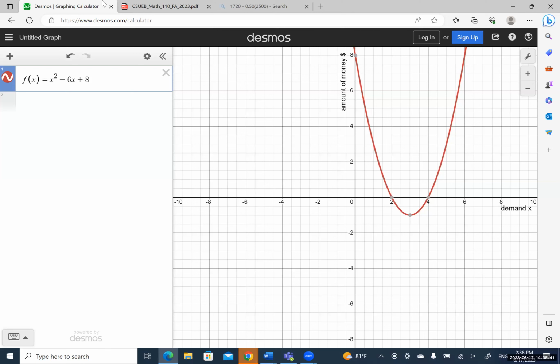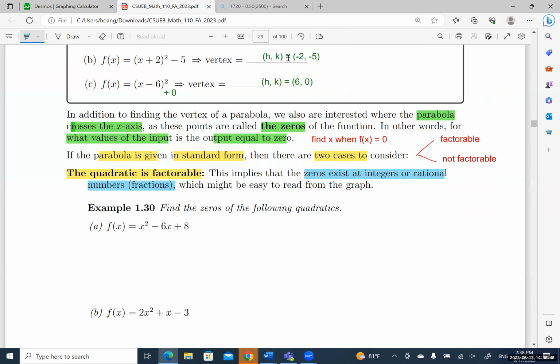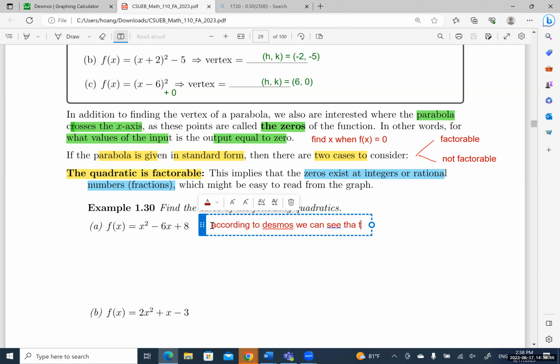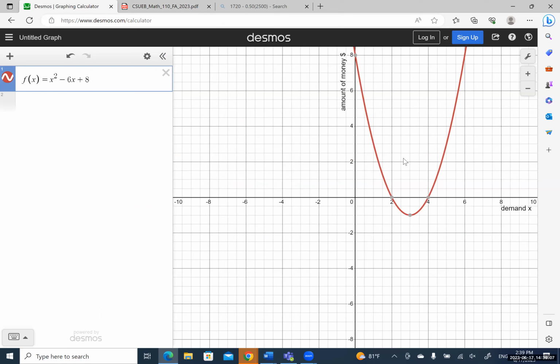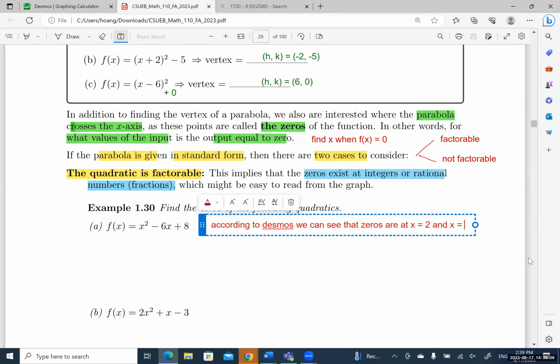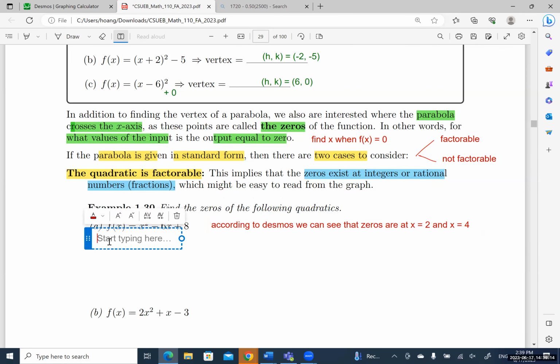So I will go back here and say answer key, or maybe you say according to the graph, we can see that zeros are at x equal to 2 and x equal to 4, right?